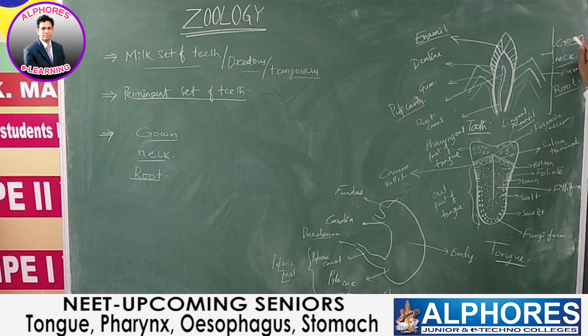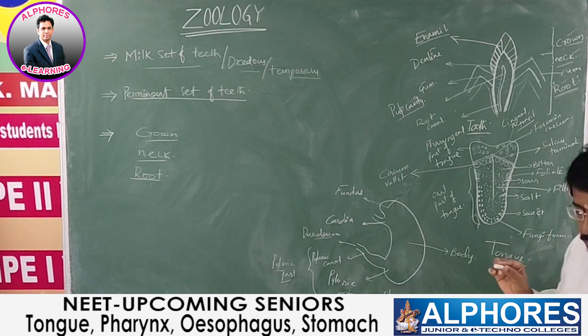The visible part of the tooth is the crown, and the base part of the tooth is named the root, which is lodged into the sockets of the jawbone. So the visible part is the crown, the middle portion which covers the gums is the neck, and the base part is the root.